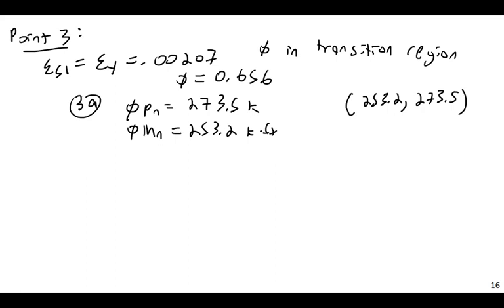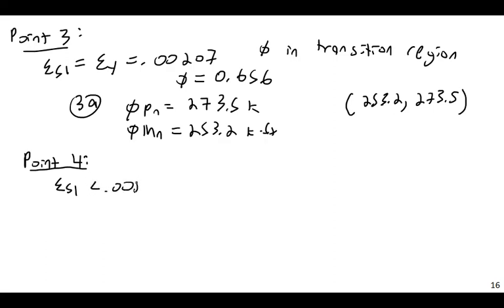Then on 4, I need to look at point 4. Let's take a look at this here. So here our epsilon S1 is going to be less than 0.002.